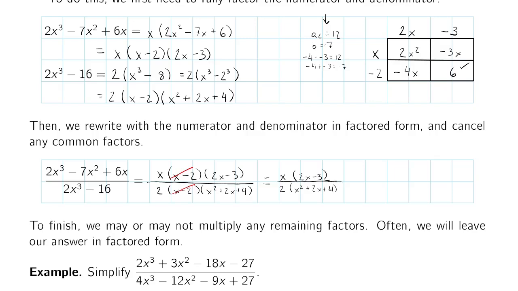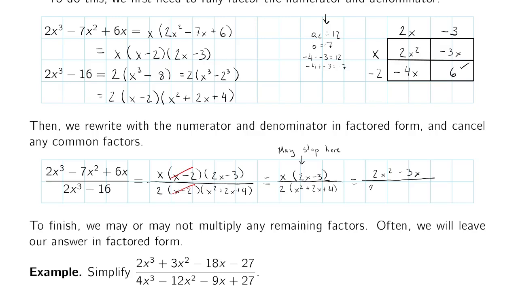Now, depending on what we want to do next, we may leave this, or we might multiply out. So x times 2x minus 3, that'll be 2x squared minus 3x. 2 times x squared plus 2x plus 4.